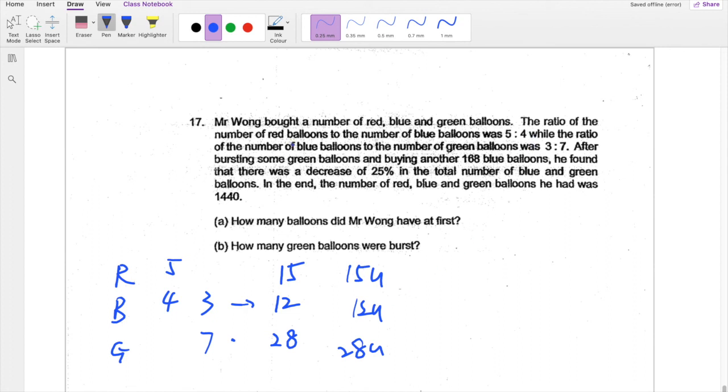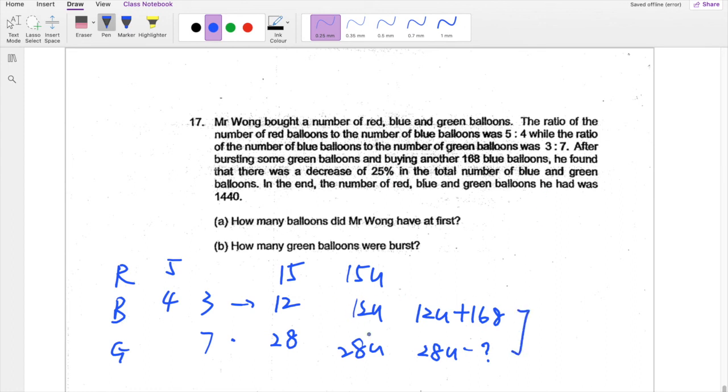After bursting some green balloons, right? This one burst some, right? And buy another 168 blue. Found that there was a decrease of 25% in the total number of blue and green.